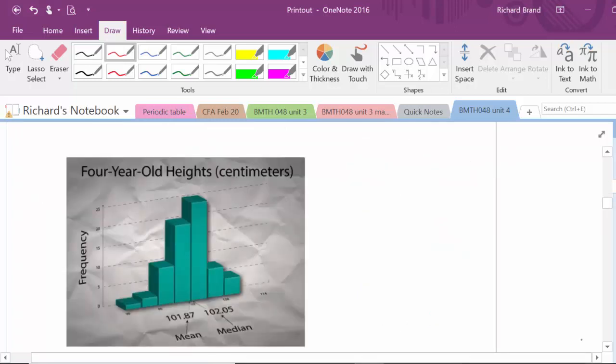To just recap, here's a distribution that is symmetrical, and the median is very similar to the mean because it's a symmetrical distribution.